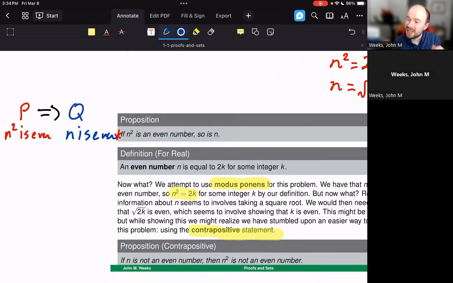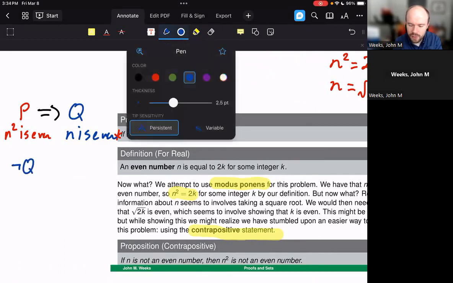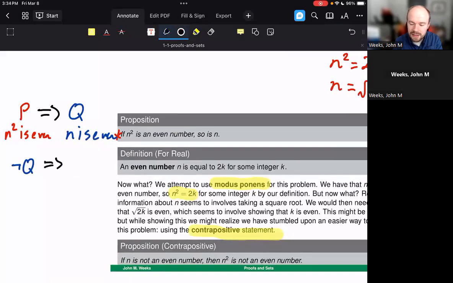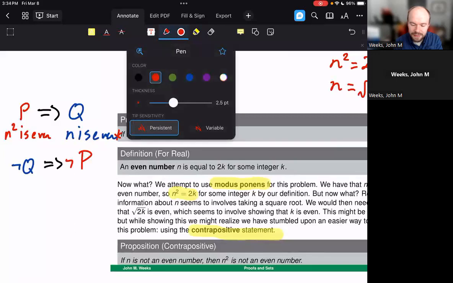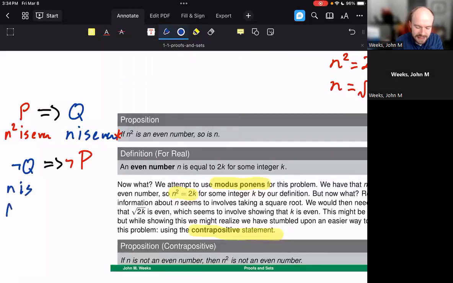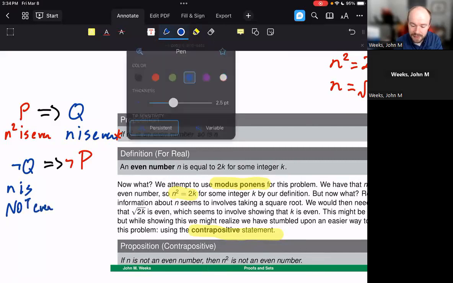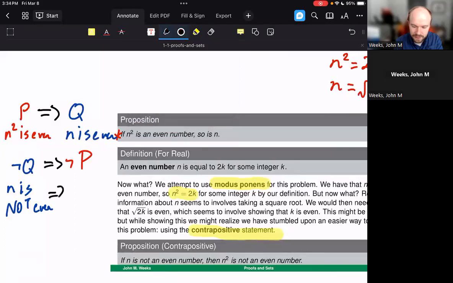Well, the equivalent statement here is that we could also be trying to show that not Q implies not P. What is this statement? This one says that if n is not even, by the way, this symbol here is meant to signify not in this statement, then actually n squared is not even.